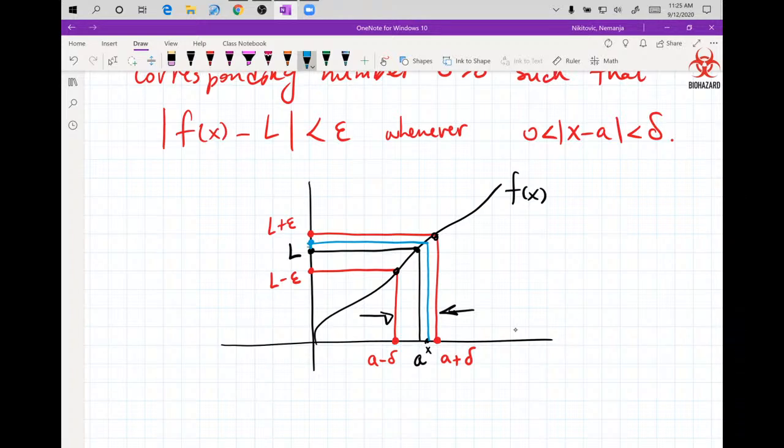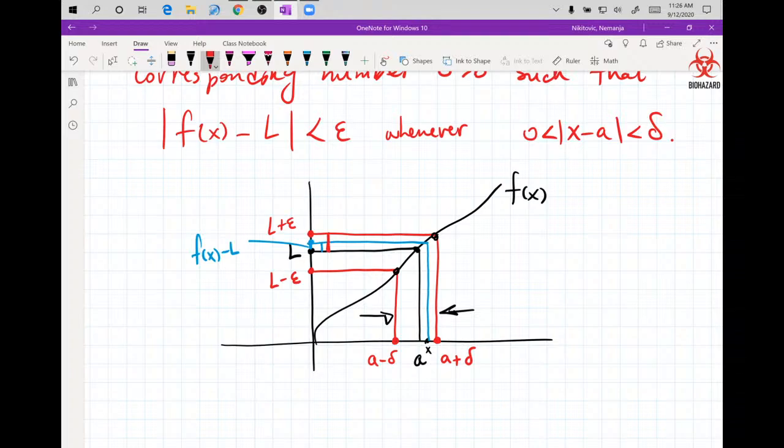So this part here is f of x minus L. That little distance in there is f of x minus L, which is this much, and this much over here is epsilon.